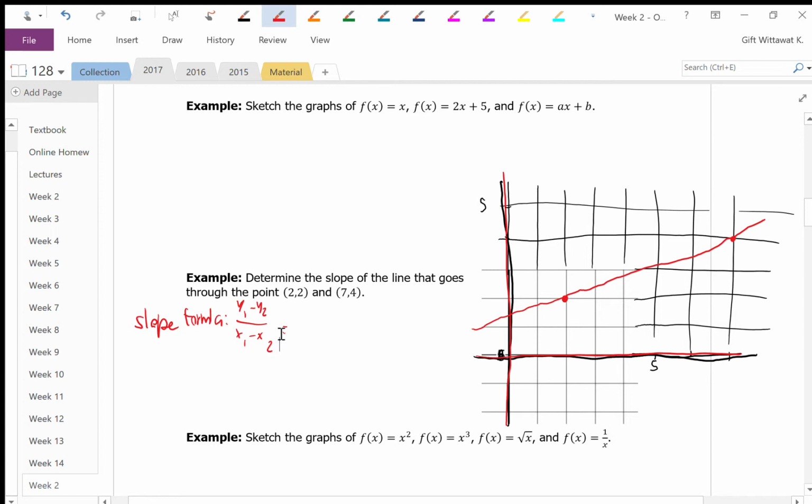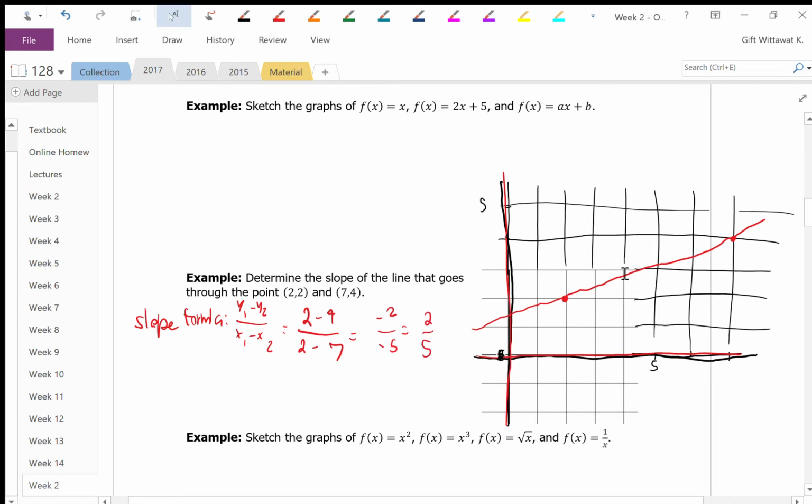So I'm just going to plug in the values. My y1 is 2, my y2 is 4, my x1 is 2, my x2 is 7. So I'm going to get negative 2 over negative 5. That gives me 2 over 5, and that's the slope of this line.